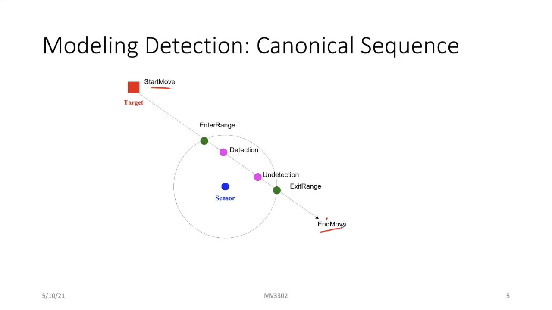That's all we have so far. The question that may have come up, either implicitly or explicitly in your minds, is what if something happens in between? Here are some things that can happen in between. First, if you look at the green dots, here's our sensor. This circle is its maximum range.